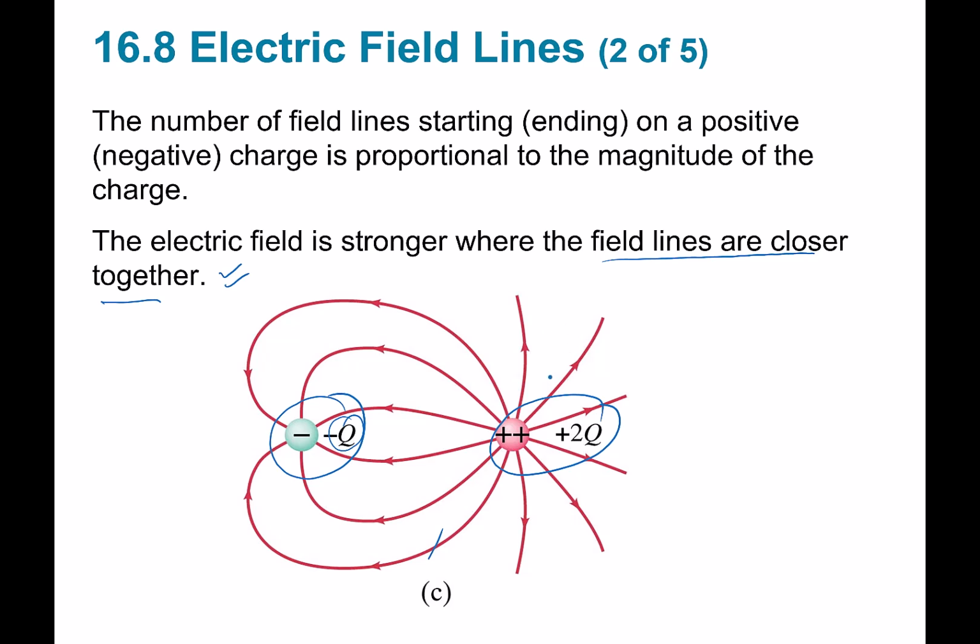So let's start counting how many lines are emerging out of plus 2q. 1, 2, 3, 4, 5, 6, 7, 8, 9, 10, 11, 12, which is common sense. If 6 lines are entering minus q, then double, for 2q, will be 12. That's what is emerging out of plus 2q.